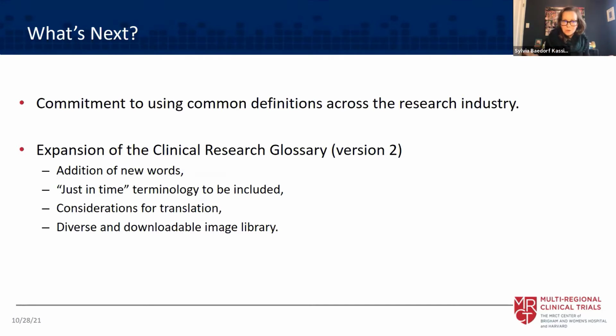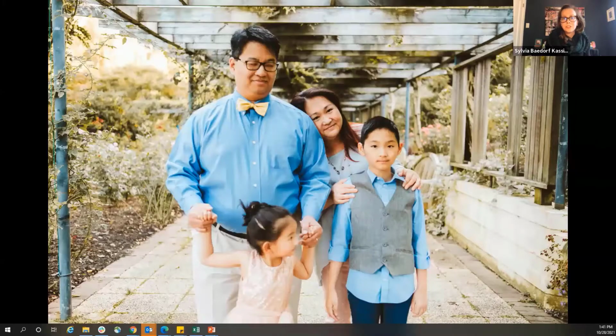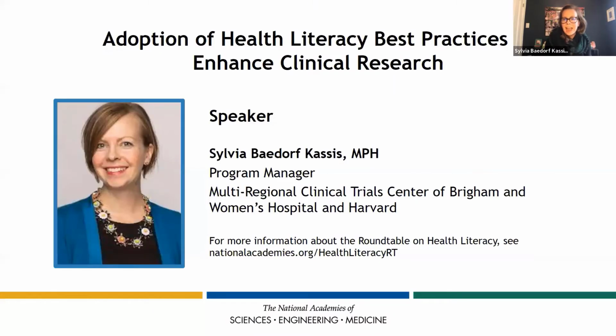So we would add new words, add just-in-time terminology, perhaps of what's happening in the popular press and media to be able to help define some critical terms that need to be defined in real time. Considerations for translation, of course, are really important, and moving on from there. So thank you so much, and I look forward to hearing Barbara's presentation and the discussion.